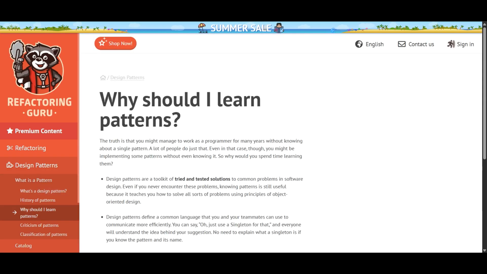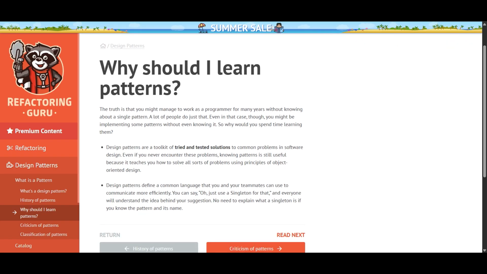And why should I learn patterns? Well, the main thing that I want to mention is that you don't have to know them. A lot of programmers all around the world are doing their jobs and solving problems without knowing about design patterns.